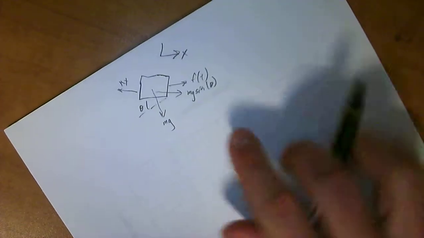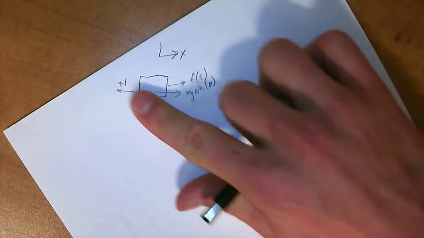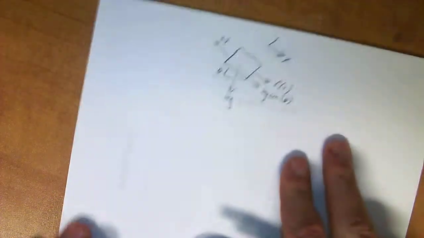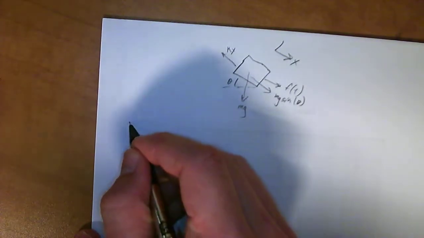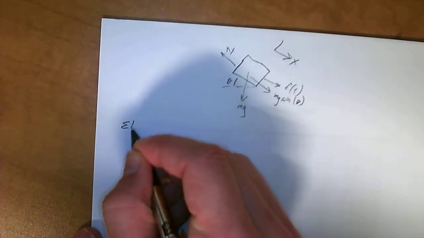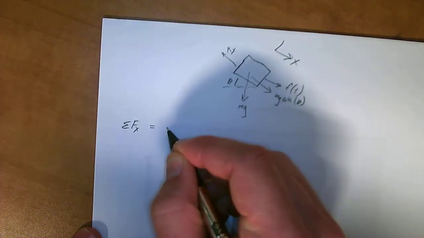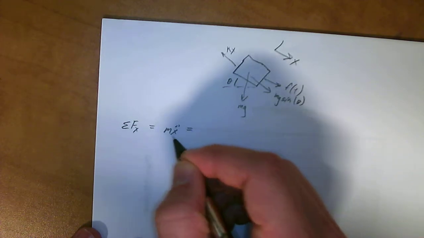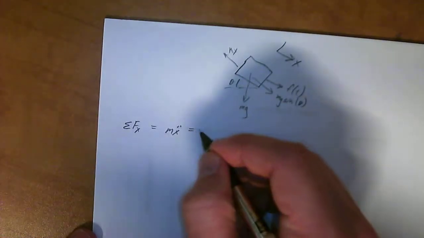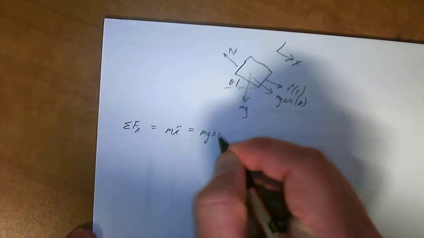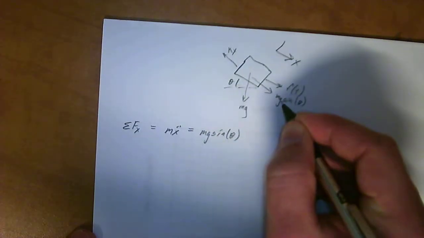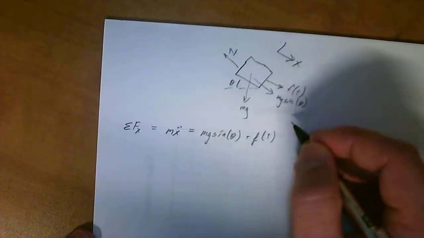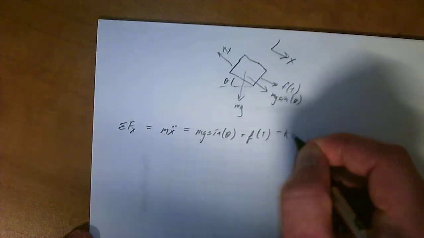So you can basically just look at it like that and ignore the mg. Then you've got a horizontal system with just another force added into it. In setting this up, we first need to find the equation of motion. To do that, we're going to use the sum of the forces, which is going to equal m x double dot, which is always the result of the sum of the forces. You always have a mass times an acceleration when you have a sum of the forces, and that is equal to mg sine of theta, this force right here, plus f of t, because we're assuming positive is this direction, minus kx.